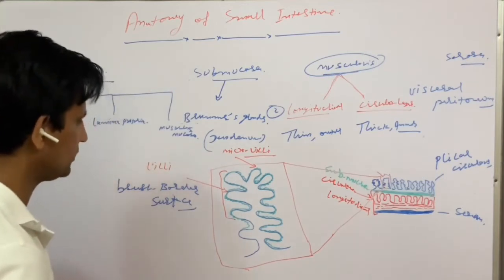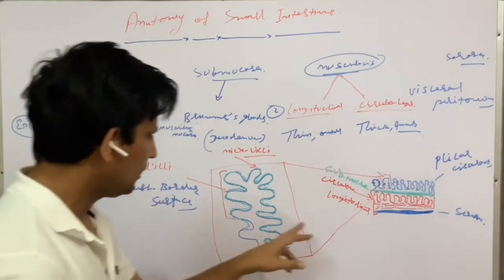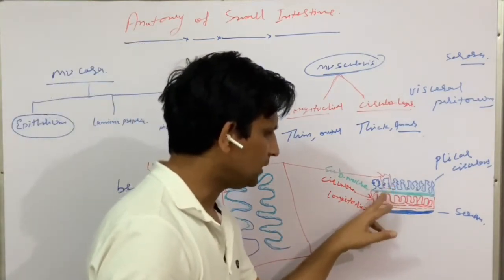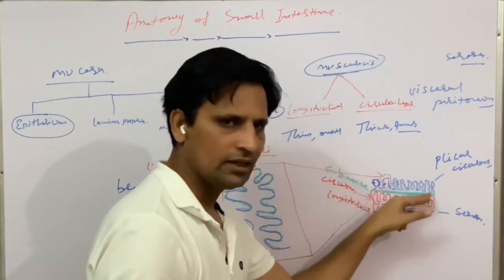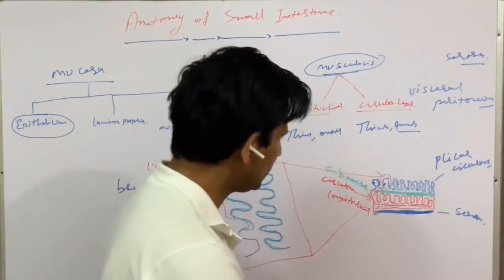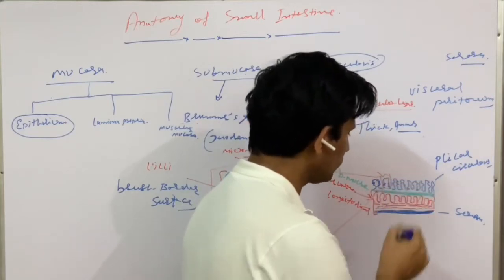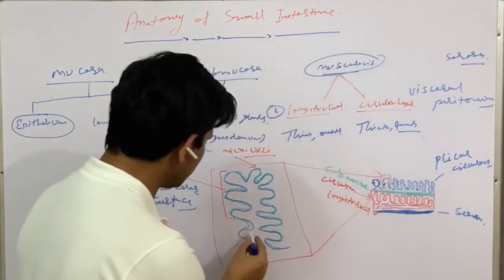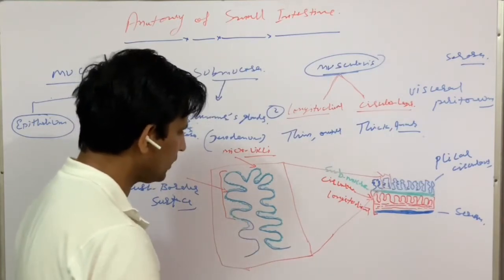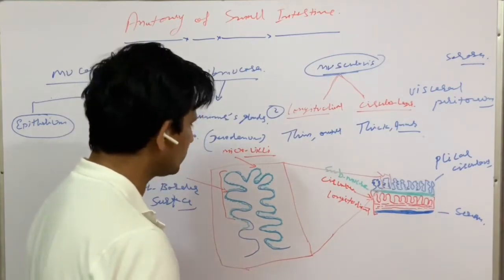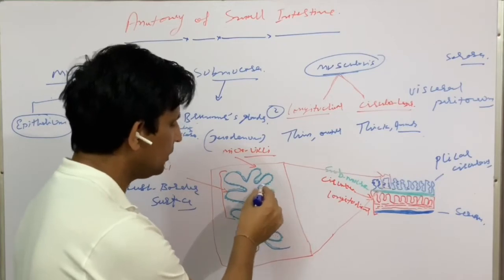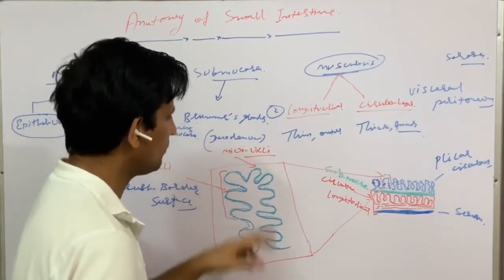Brush border surface. So now see that there is a single epithelial layer. Here the epithelial layer makes the circular folds, these folds also make subfolds, and on the subfolds there are also mini projections, and these projections are microvilli.